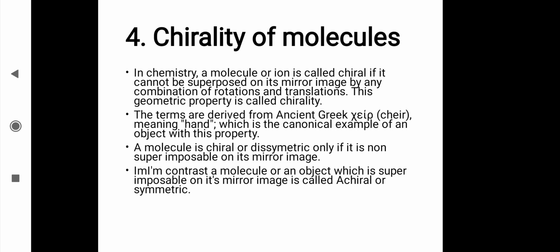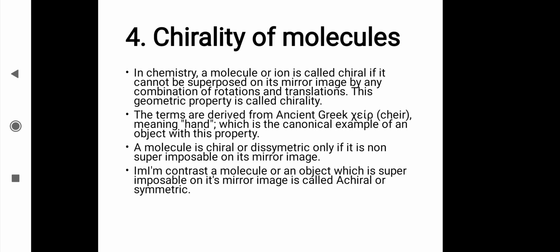It's called a chiral carbon. So basically the term is derived from ancient Greek meaning hand, which is a canonical example of an object with this property. I have to show you how it works. Then a molecule is chiral or dissymmetric only if it's not superimposable on its mirror image.